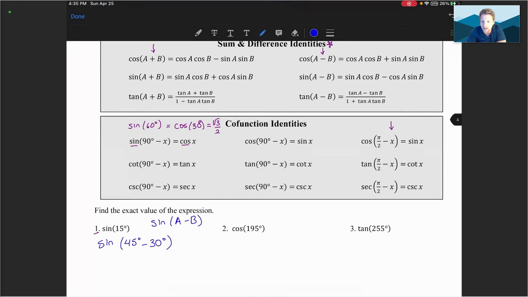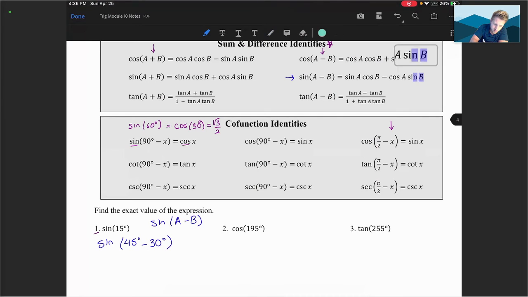So we can take a look at using the difference identity for the sine function. That's written up here in our table, where A again is 45 and B is equal to 30. So we can rewrite this with our identity, and I'll highlight the one we're using up top here, the sine identity for difference. So let's rewrite this expression.